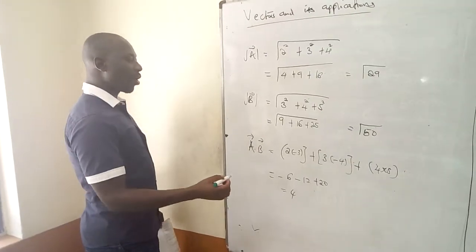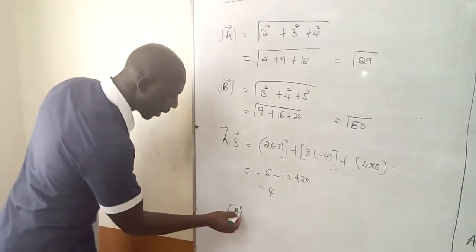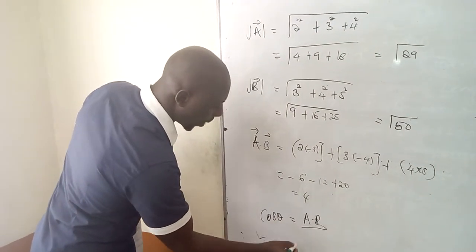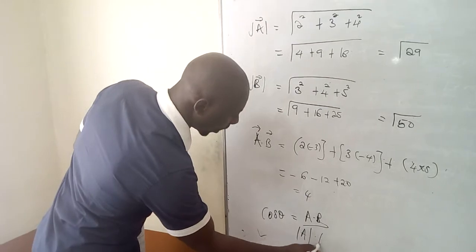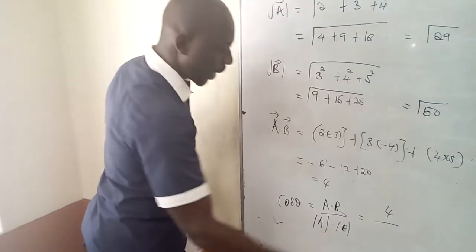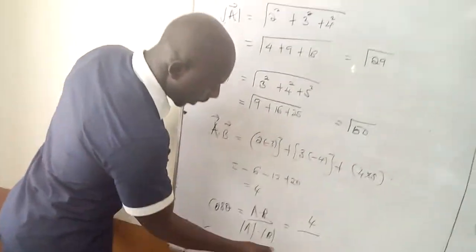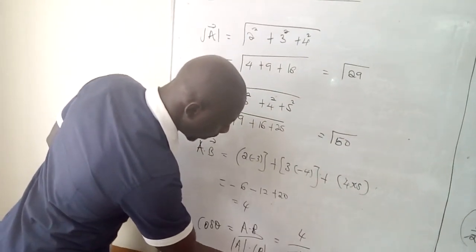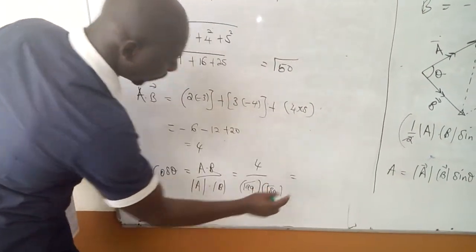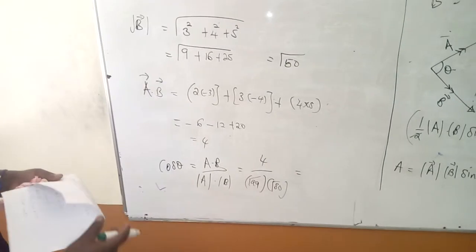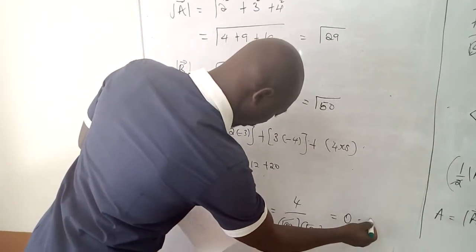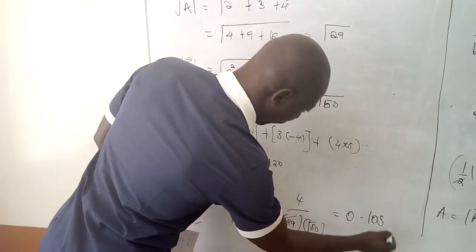And how do you get the angle between A and B? Cosine of theta is equal to A dot B over the magnitude of A times the magnitude of B. So A dot B, we found to be positive 4. Magnitude of A is root 29, and the magnitude of B is root 50. So if you solve 4 divided by root 29 multiplied by root 50, you will get 0.105.